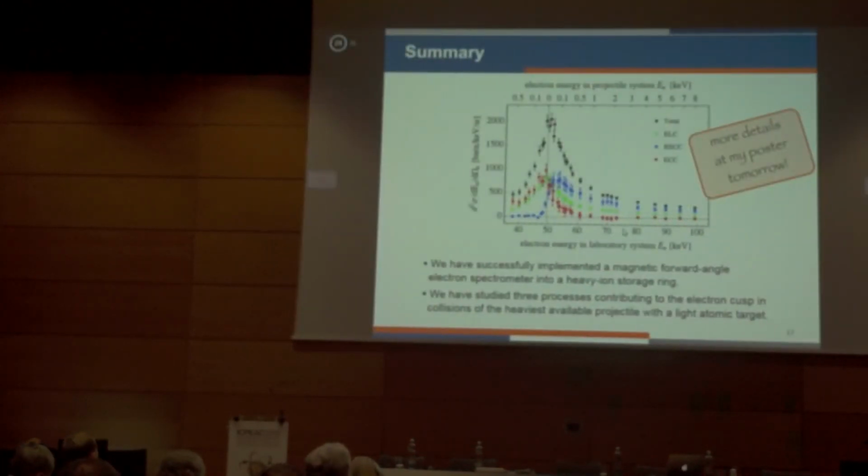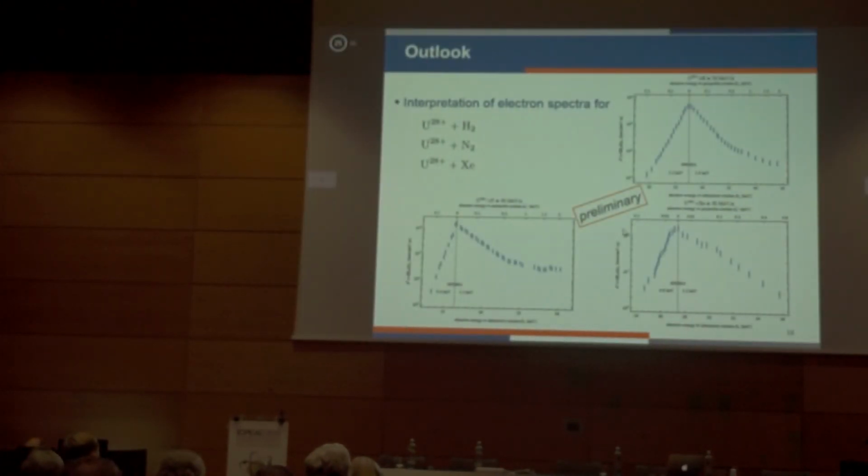As an outlook, we are currently analyzing data for uranium 28+, so a multi-electron projectile colliding with different gas targets. And there we observed experimentally that the asymmetry of the cusp strongly depends on the target that you use. And we are currently trying to understand this also in discussion with theoreticians. There's another poster about this tomorrow.